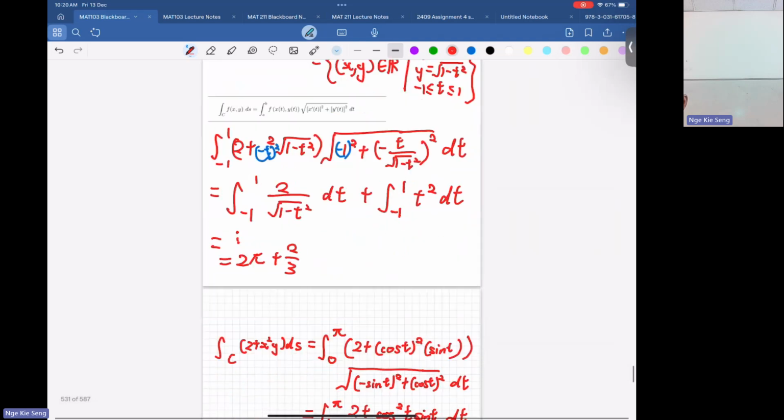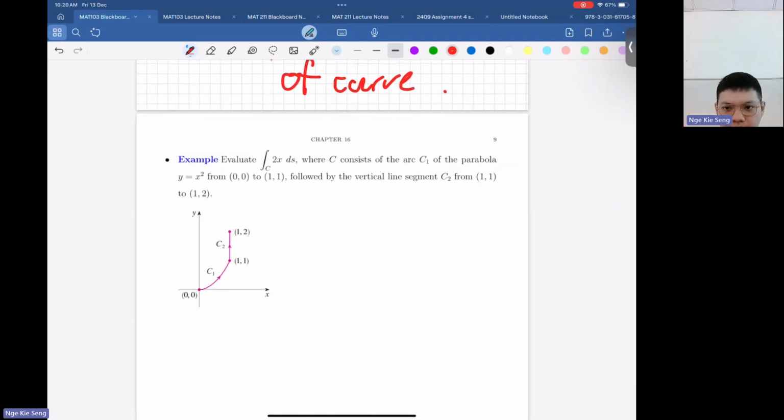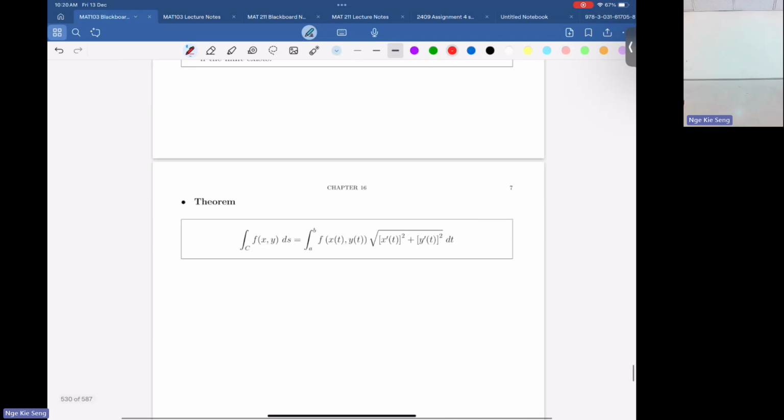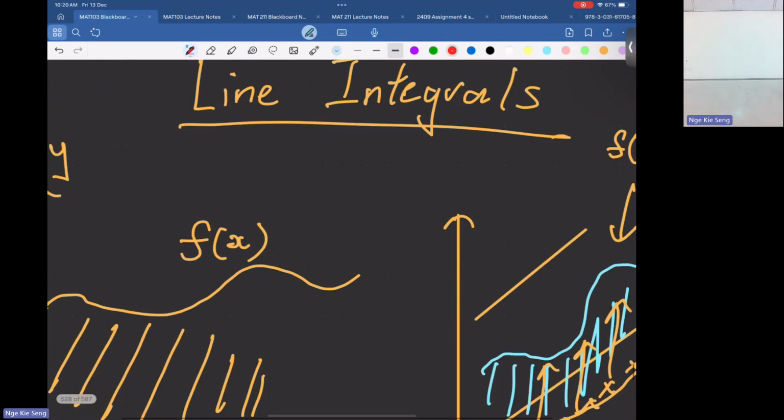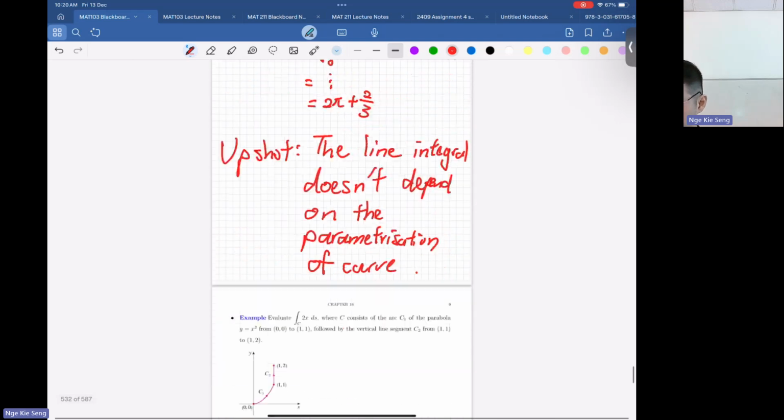Okay, so let's continue. Right, so the next part is about the property of line integral. Let's look at the property of line integral first before we do this example.